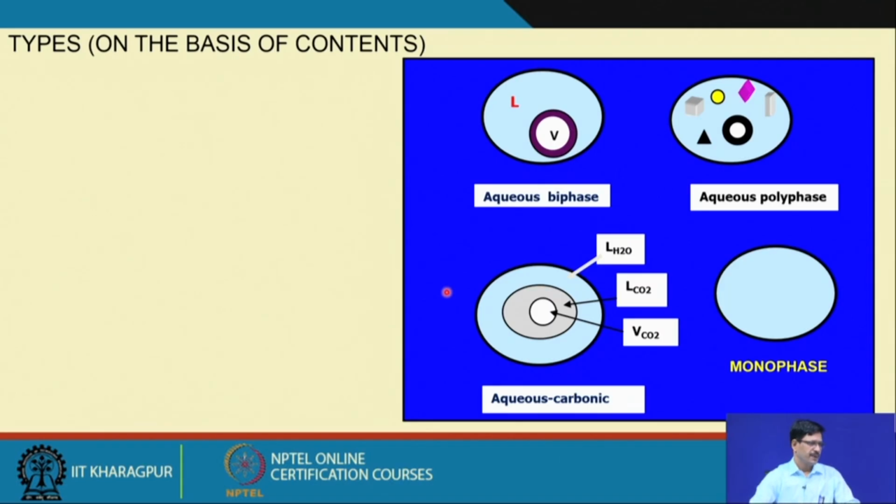Getting into the fluid inclusion types, here it is shown on the diagram. It is a case of a liquid plus vapor aqueous inclusion, aqueous liquid and aqueous vapor, which we can identify under the microscope from their optical properties. This is a sketch of an aqueous inclusion which may occur with a number of mineral phases called daughter phases.